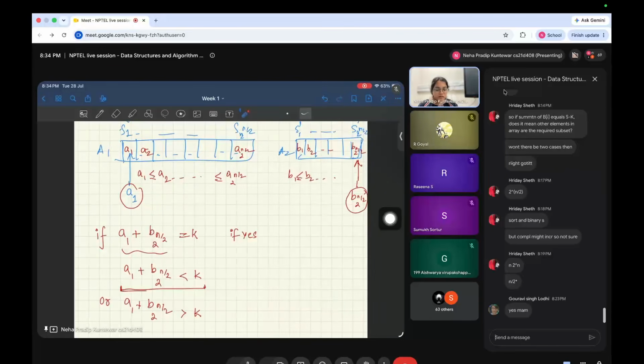Okay, so if a1 plus this element, if this sum is less than k, is it possible that a1 plus bj, by j I mean j is some element here, is it possible that some bj achieves this?